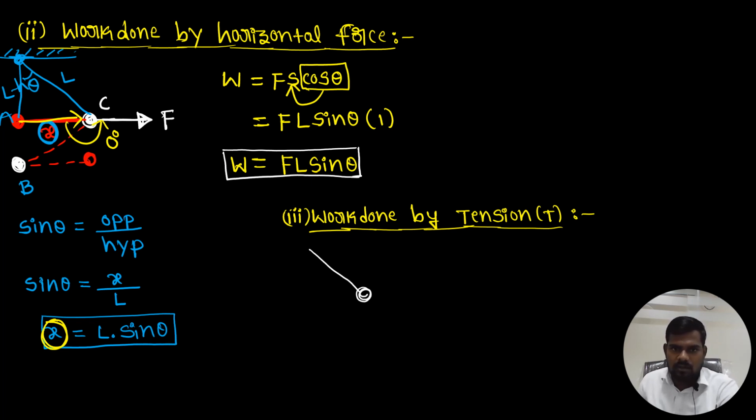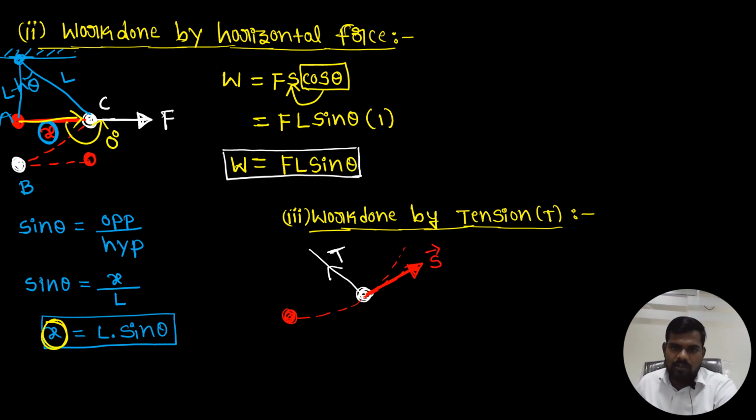This is the bob. Tension force is on this side. And the displacement we also want. If this is the initial position of the bob, it is going like this. So at this point, this is the direction of the displacement. Tangent line. Actually, the path is forming like this, but the tangent line is the displacement direction, this side in this case.